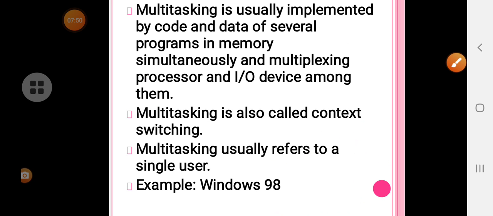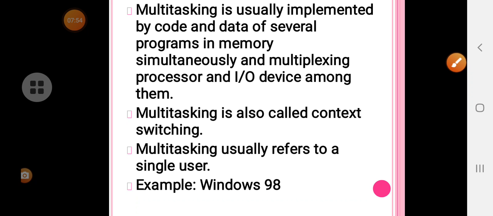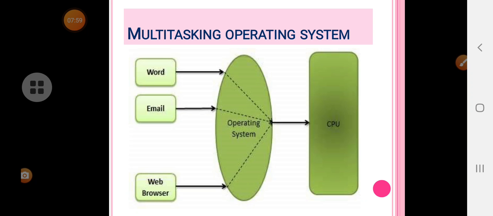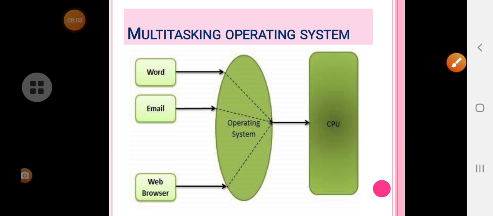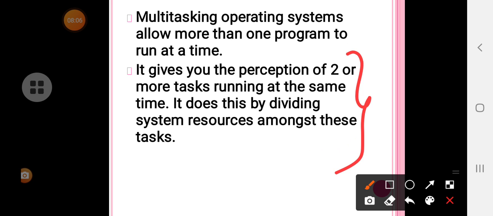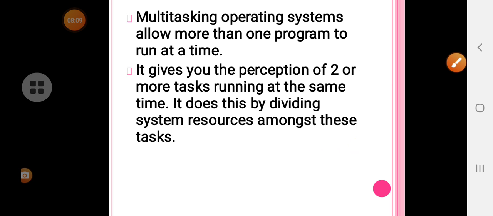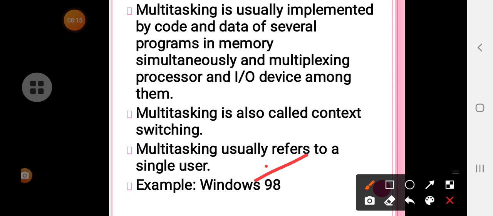An example is, as usual, Windows versions. Windows 98 is one example for this multitasking. Multitasking in the sense more than one task is assigned or running at a time. Here the memory is divided among the system resources.